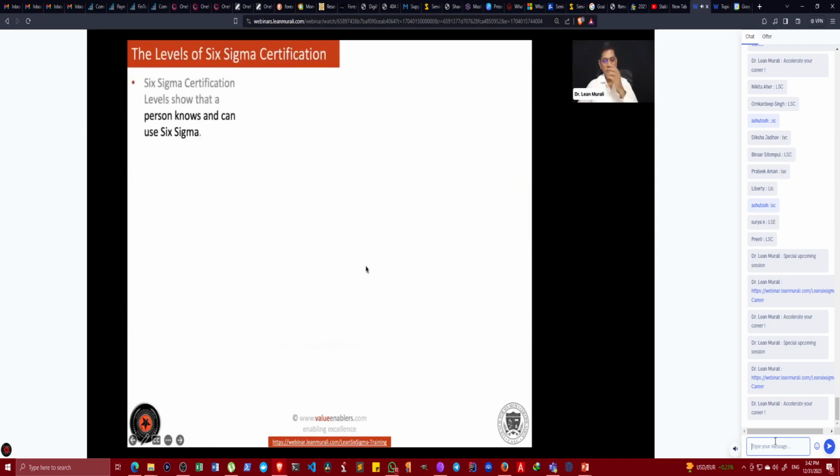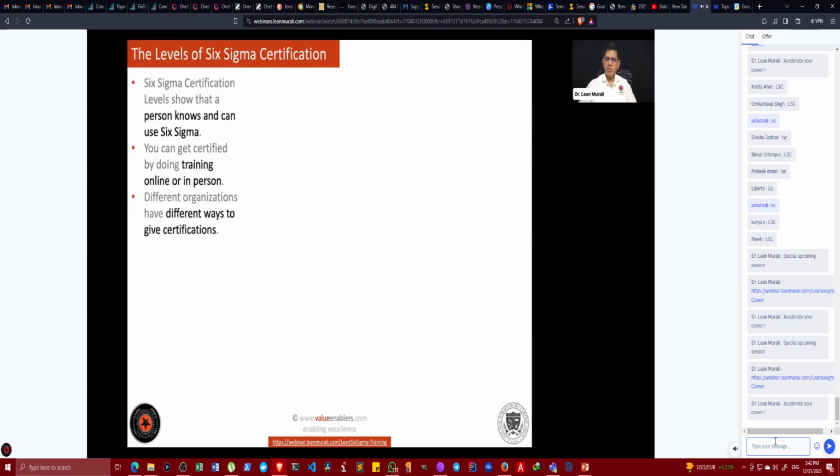So levels of certification. Now let's go slowly and steadily. The Six Sigma certification levels actually show that a person knows and can use these tools and techniques of Six Sigma. Okay. You can get certified online or in person. I also train a lot of companies worldwide.